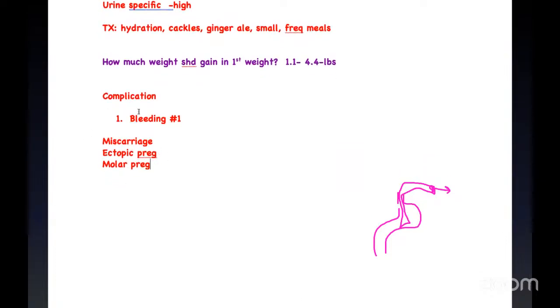And the strategy is, if they give you a question and they say the mommy is, what, 10 weeks, it's first trimester and it's bleeding, you cannot tell me it's placenta previa. You can't tell me placental abruption, right? The board will not do that. They won't confuse you. They will always ask you something that is general. Most first trimester bleeding falls under that: miscarriage, ectopic pregnancy, molar pregnancy.